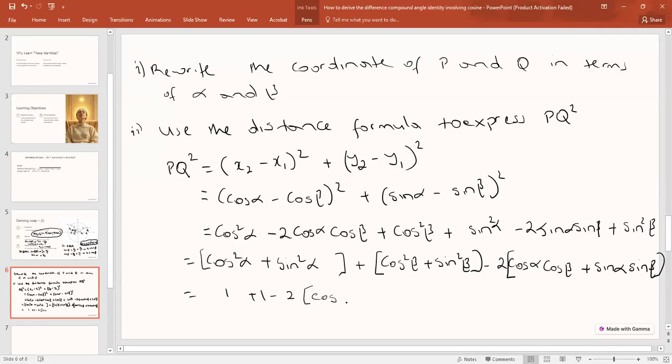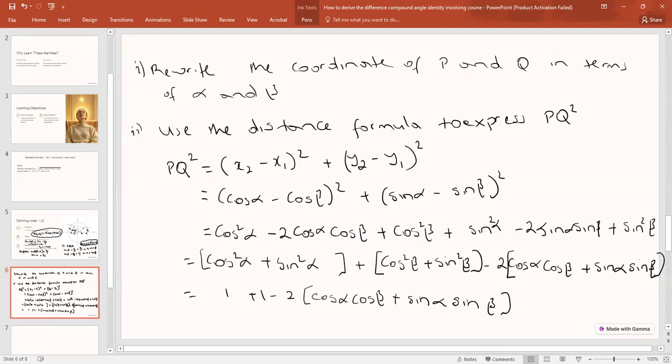cosine of alpha times cosine of beta plus sine of alpha times sine of beta.